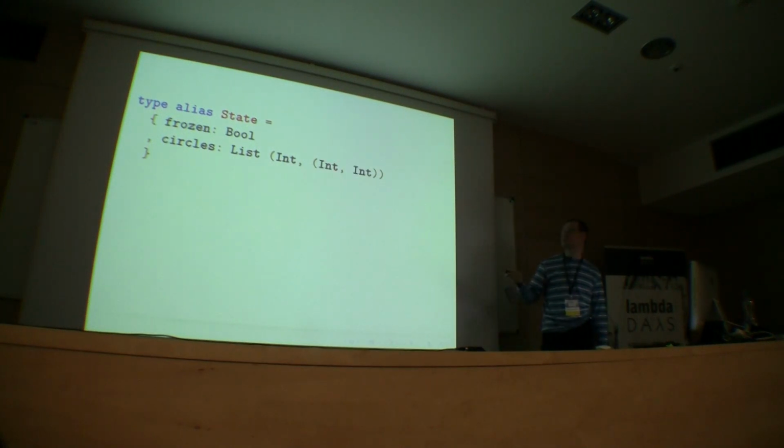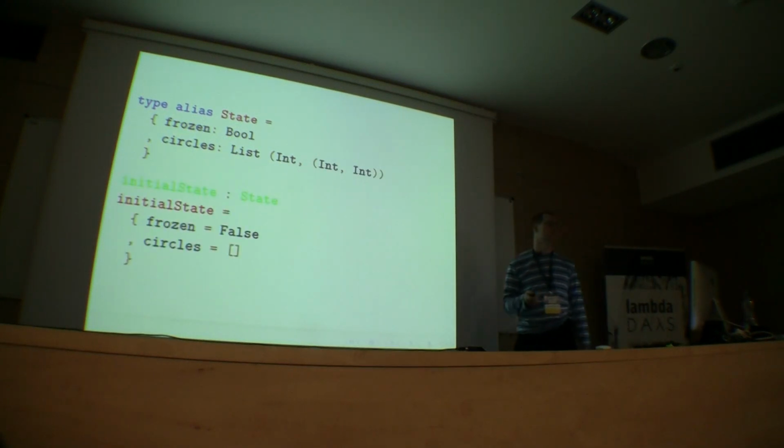I didn't use the alias here. That remembers the current position of the circles. I will need the initial state. So this is a function that creates the initial state. I don't need to create the circles. I will get them immediately from the mouse positions.